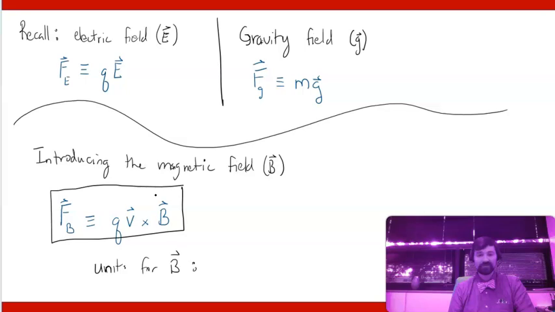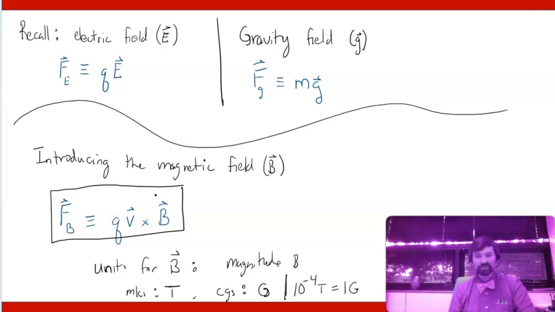And the magnitude of the magnetic field, the MKS unit is the Tesla, and so we use a T for Tesla. The CGS unit is the Gauss, which we use a G for, and basically we can say that there are 10 to the minus 4 Tesla to 1 Gauss. Why would we use the Gauss?